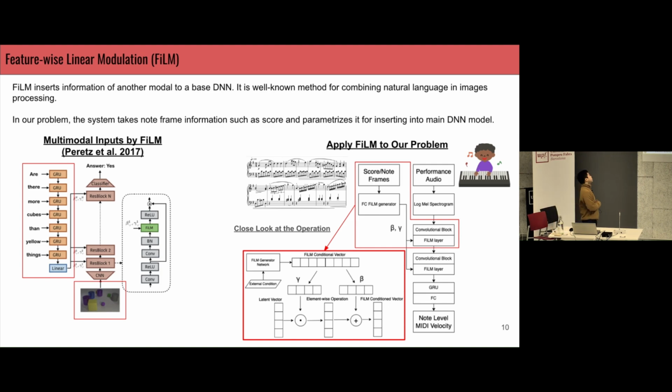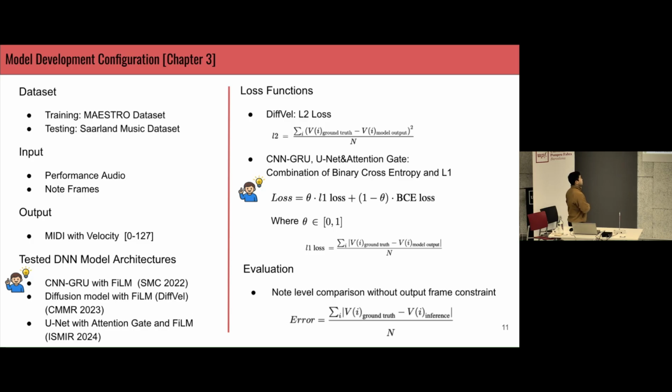This is the model configuration to tackle the problem. The data set that I used is the Maestro data set, which is a data set of classical music excerpts performed by competitors of the Yamaha e-Competition, recorded on the Yamaha Disklavier. And the testing set I used is the Silent Music data set.